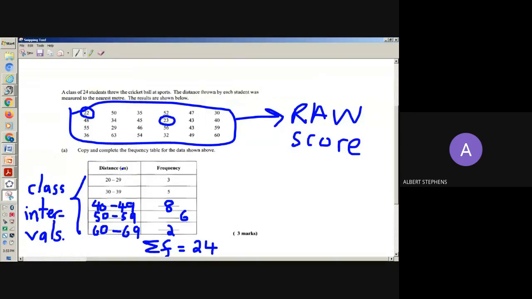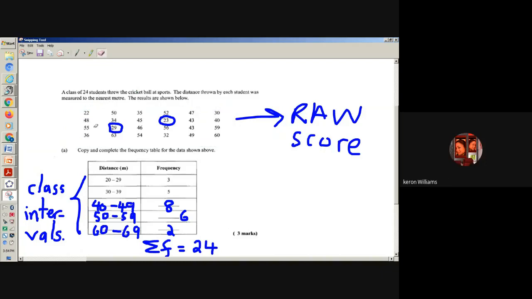And where's the other one? Oh, 29. So it's 3 of them. Out of all these numbers, only 3 students threw the ball between 20 and 29. And then you're required to find out how many threw the ball between 40 and 49, etc. Okay, now I understand. Yes. Thanks.